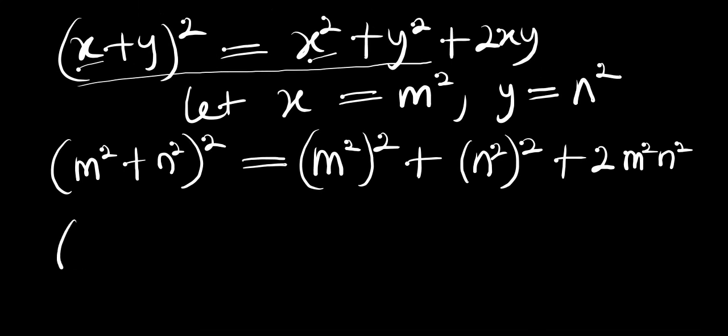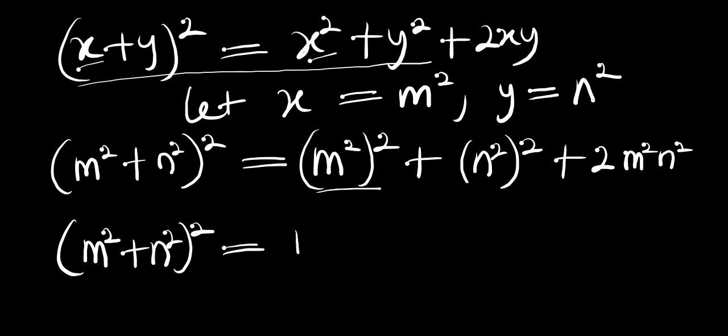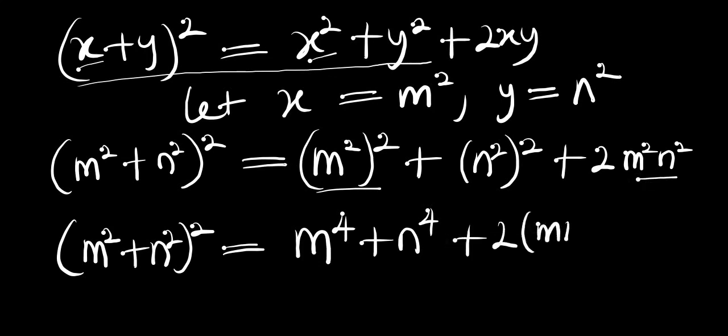This gives us m power 4 plus n power 4, plus 2 into (m times n) all power 2.